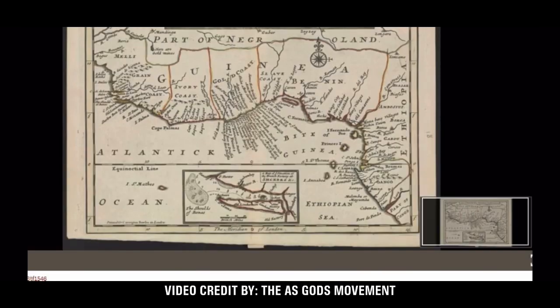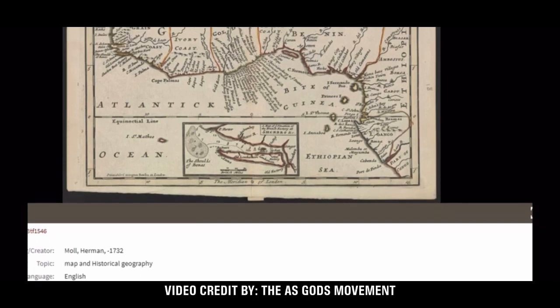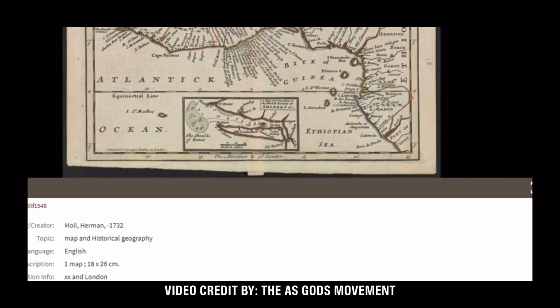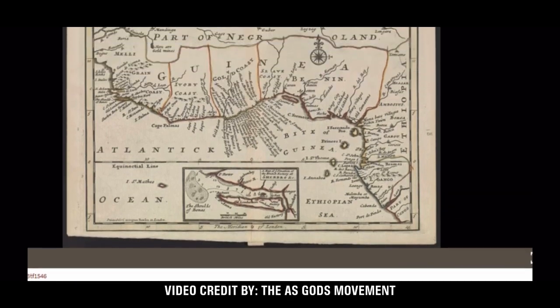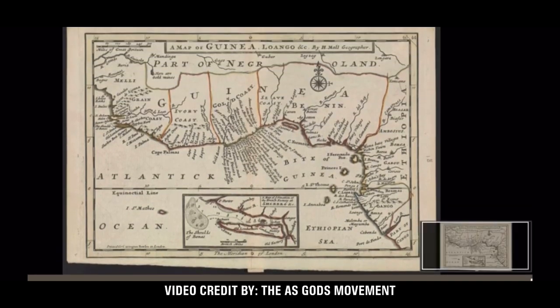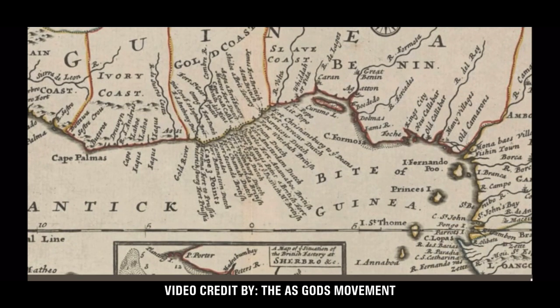So now we're going to deal with the same guy, Herman Moll. This is a map from 1716, finalized around 1732. Let's zoom in and see what he is saying, because he just told you that the Europeans changed the name of Ethiopia to all those European names, right?